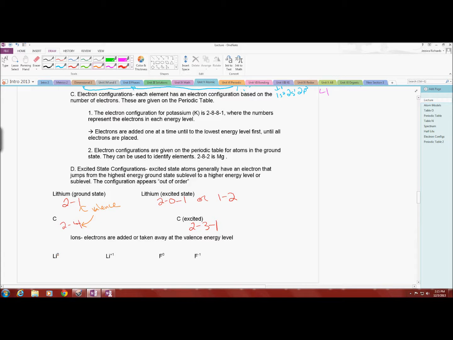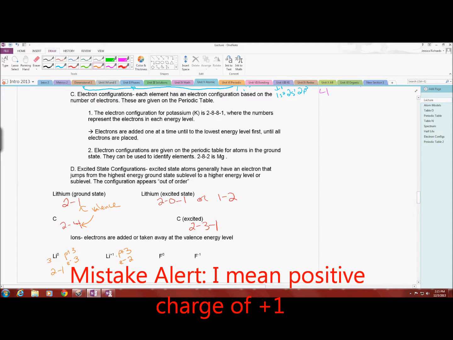Lithium, the atom, had 3 protons. So he has 3 electrons, and his electron configuration is 2-1 for a total of 3 electrons. Lithium, the ion, still has to have 3 protons, but to make it +1, remember we're going to have 1 fewer electron, because +3 and -2 is going to give us our total charge of +1.